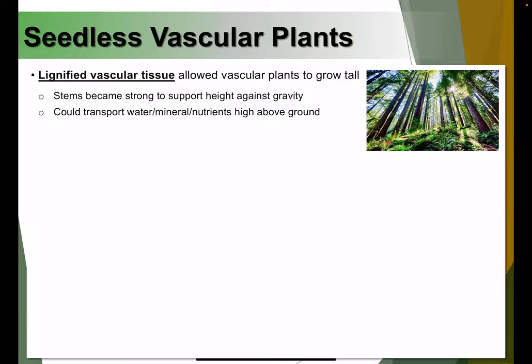Because that was a whole problem we talked about earlier, how algae are going to adapt to life on land when they're so weak and soft. And hence, this lignin with vascular plants really gives them that strength to get higher and higher above ground. And they can also transport water and minerals and nutrients higher and higher above ground because of these lignified vascular tissue. If it was soft vascular tissue, that tree will bend downwards. So that's why you have this lignin to really make it stand up straight and tall.